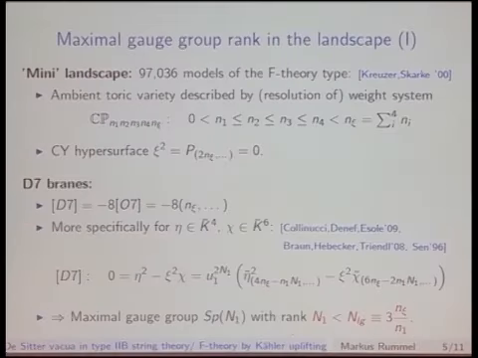So the question is how natural is that, or how can that be obtained in general in Calabi-Yau manifolds? And what we just did is we analyzed this mini landscape, which is given by hypersurfaces in complex projective spaces.